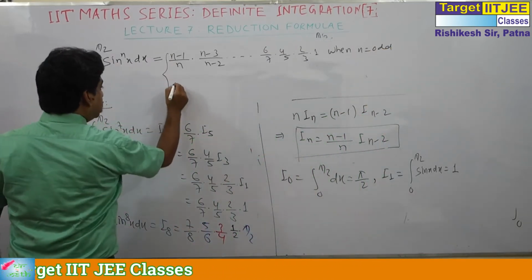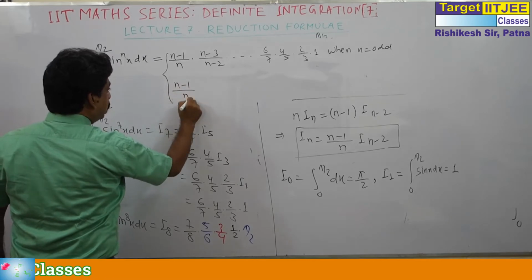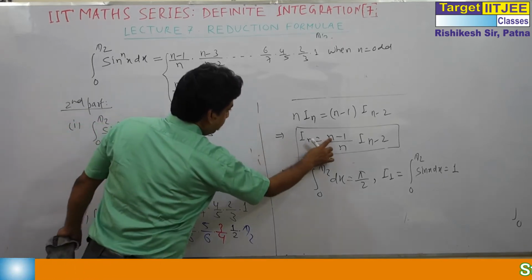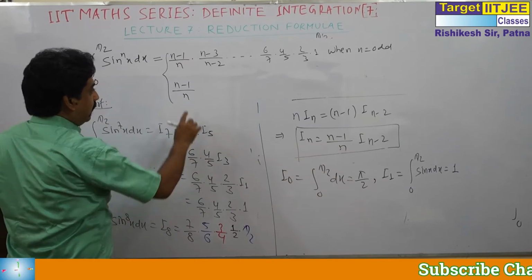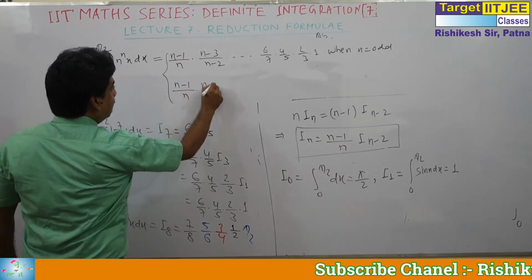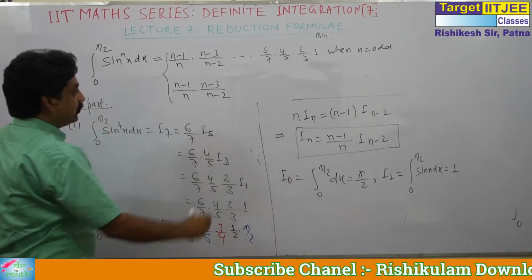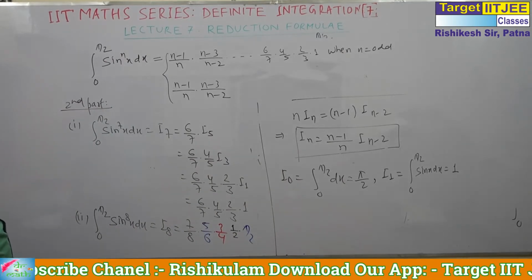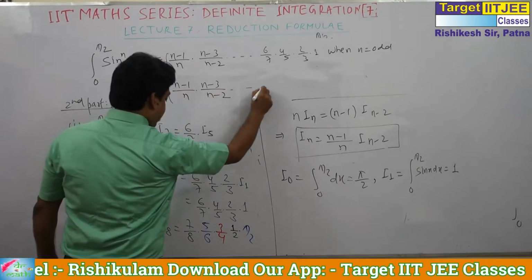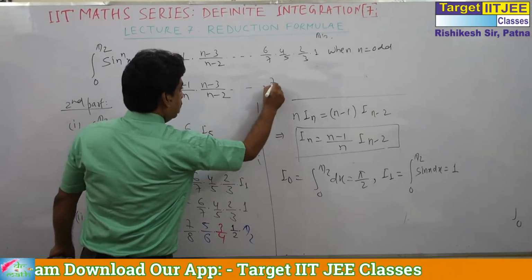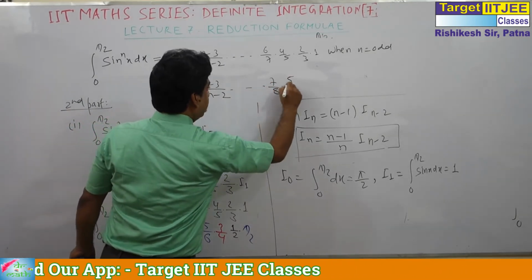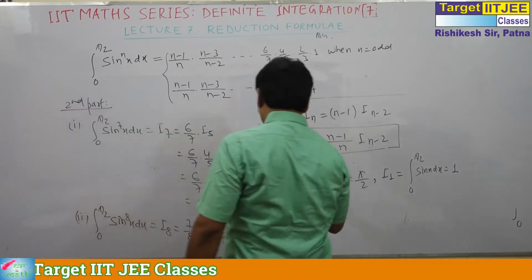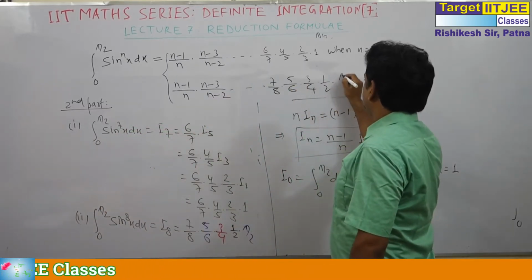And for even we start from n minus 1 by n, replace n by n minus 2, next is n minus 3 by n minus 2, difference of 2. Finally, in this way, 7 by 8 into 5 by 6 into 3 by 4 into 1 by 2 into pi by 2.